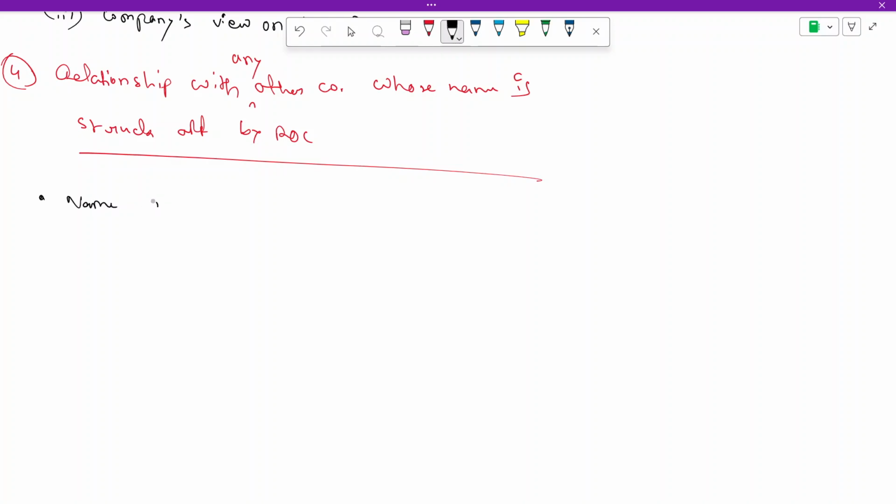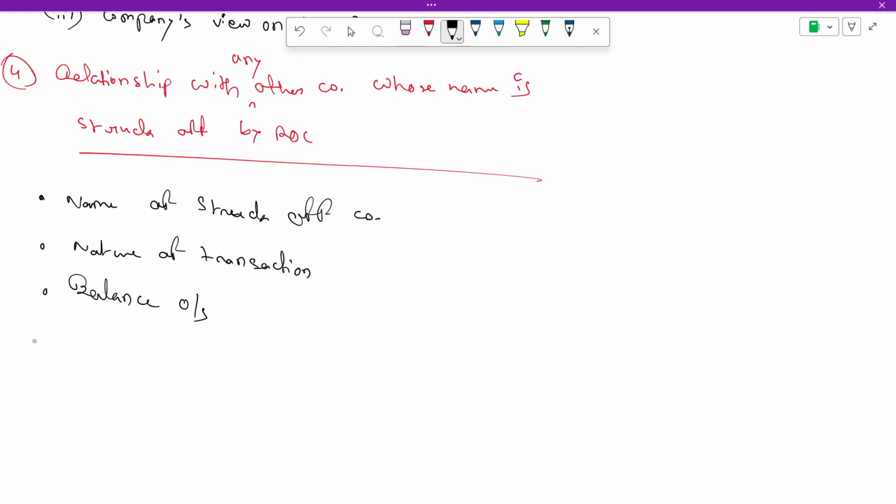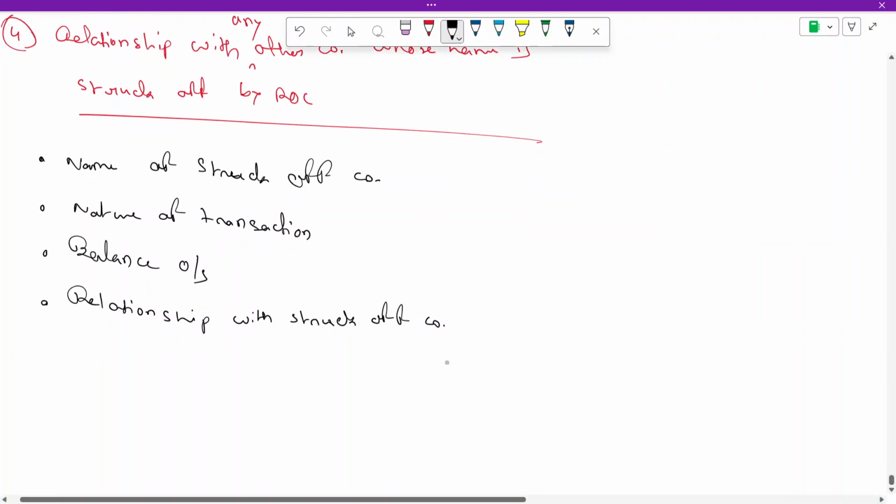Name of struck off company, nature of transaction, balance outstanding, and relationship with the struck off company. Okay.